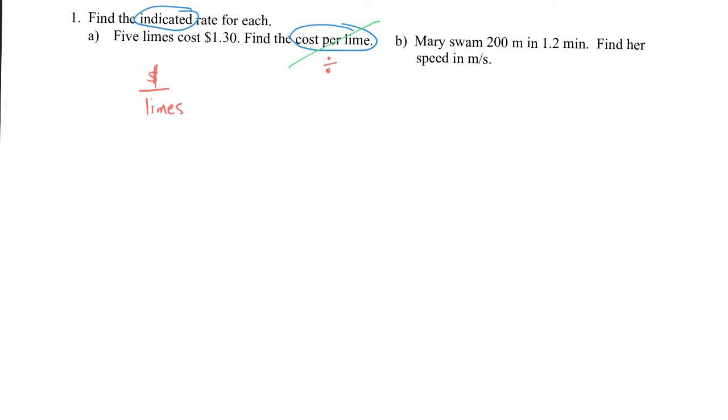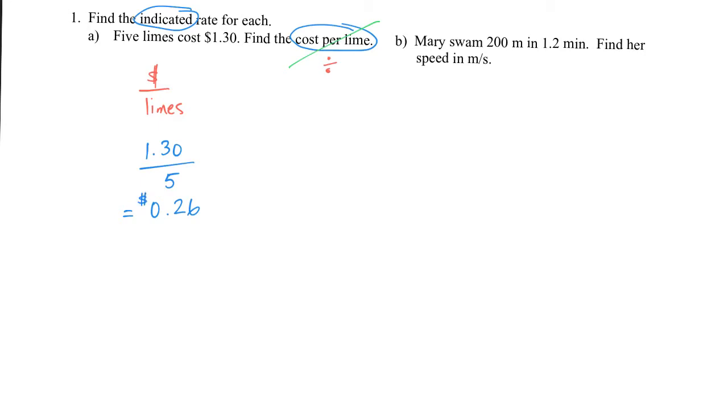In this instance, we're going to take our total cost, which was $1.30, and divide that by 5, and then decide on a certain way we want to write that. Depending on how we calculate it, we may have different units, and therefore we may have to express it in different ways. A very common way to express that would be exactly as it's calculated, 0.26. Now, what is that 26?